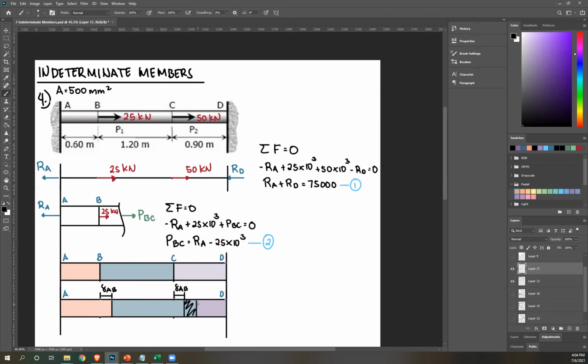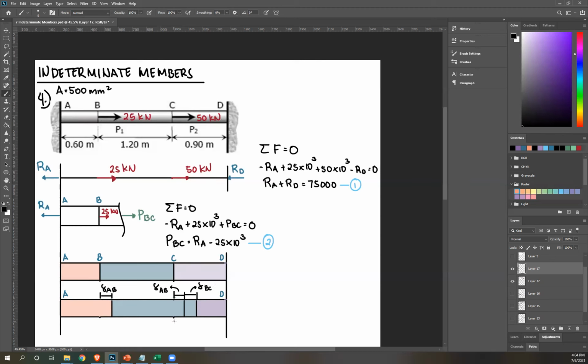So this amount, okay, so after BC moved here, it's gonna move again because of 50. So now this is the elongation of AB, and this is the elongation of BC. Okay, and then this entire thing is how much segment CD contracted.